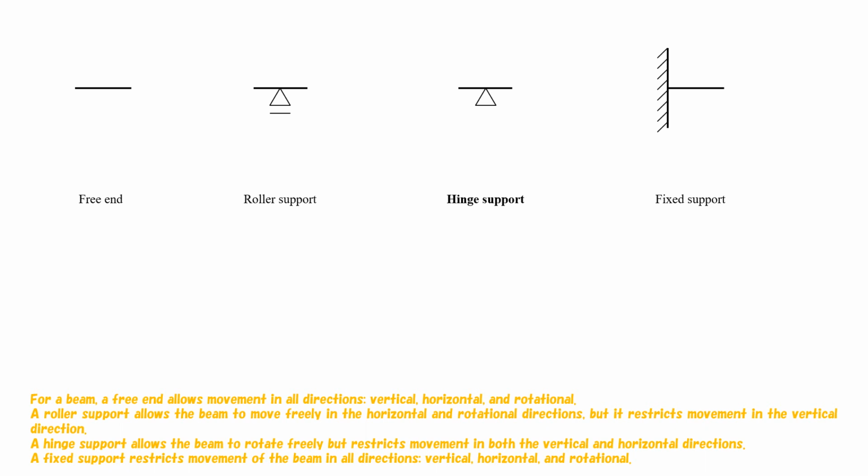A hinge support allows the beam to rotate freely, but restricts movement in both the vertical and horizontal directions. A fixed support restricts movement of the beam in all directions, vertical, horizontal, and rotational.